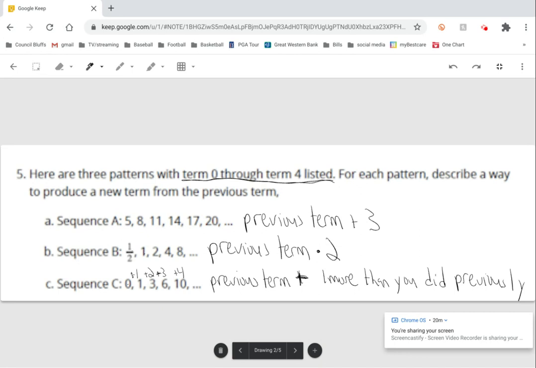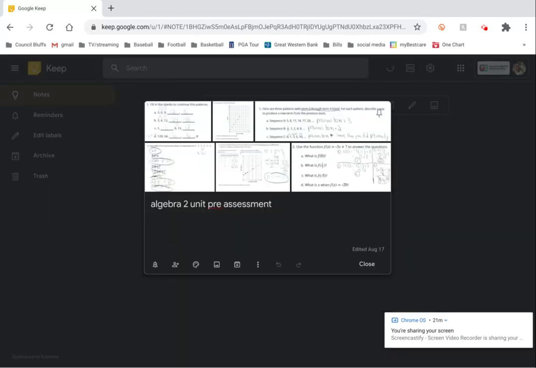So in other words, if I was going to find the next term after 10, I would add one more. Previously I added 4, so I would add 5. So the next term would be 15. And then I would add 6, one more than I did before. So 15 plus 6 is 21, so on and so forth. Okay, and that is it for number 5.